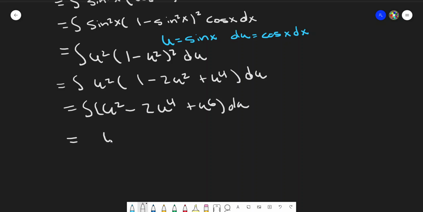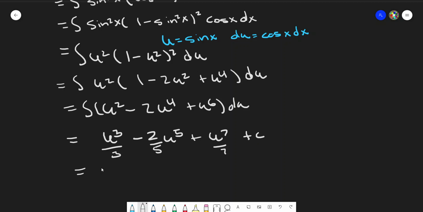So we have u cubed divided by 3 minus 2/5 u to the fifth power, plus u to the 7th divided by 7, and then plus c. From there, you just need to substitute back the sine function.